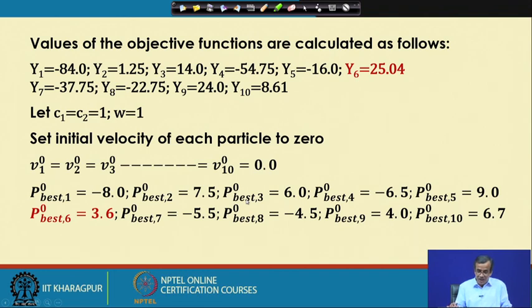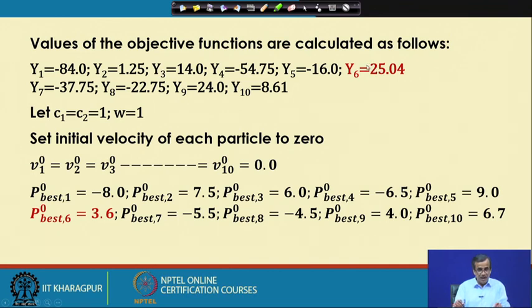Now, we compare these pbest in terms of their objective function value. y6 is found to be the maximum, as I told, and that is coming when x is equal to 3.6. So, this particular pbest6(0) will be declared as the globally best.